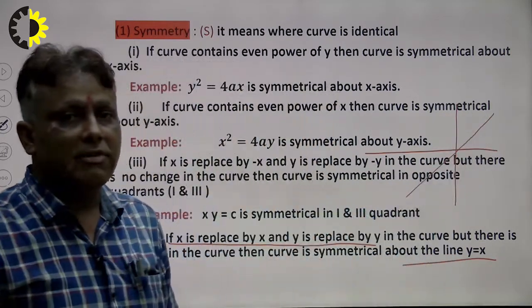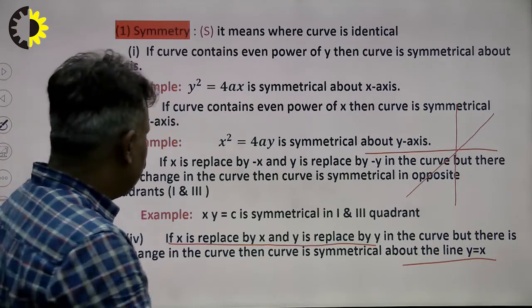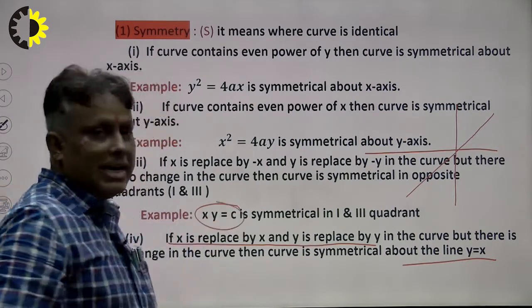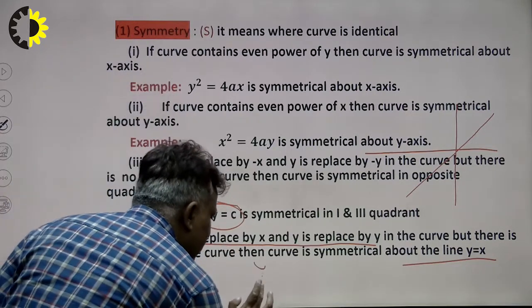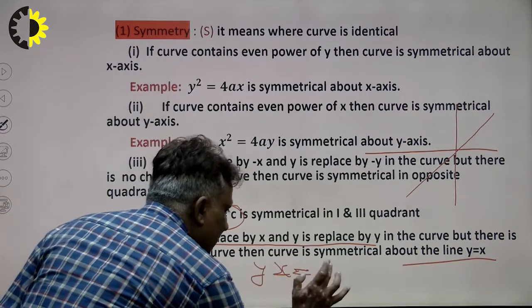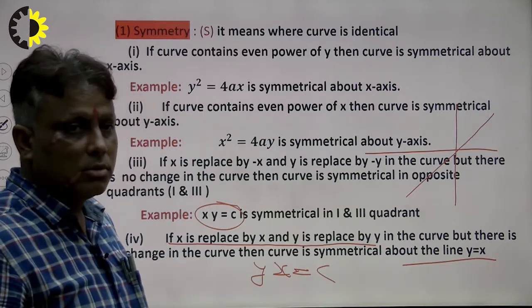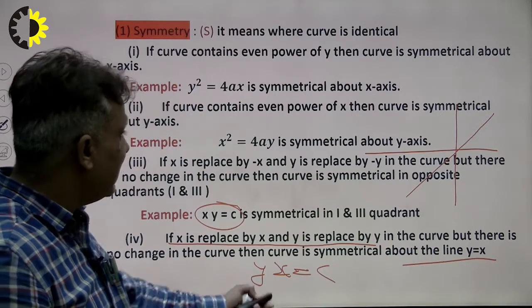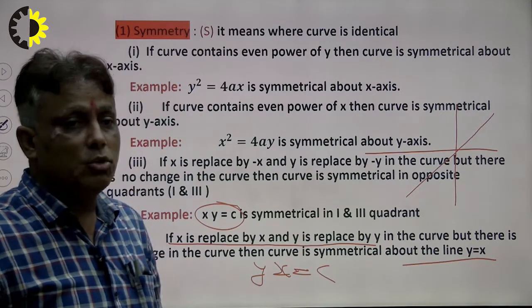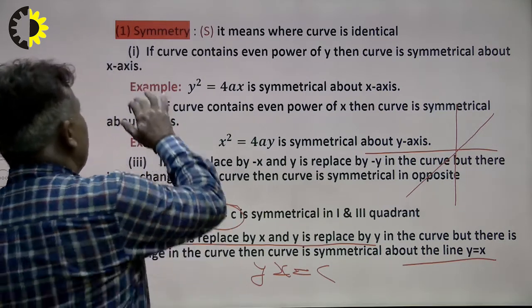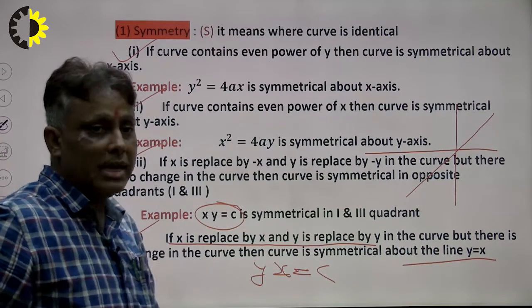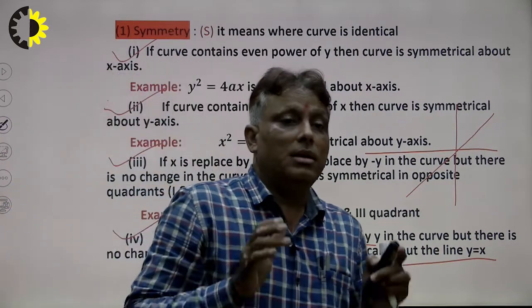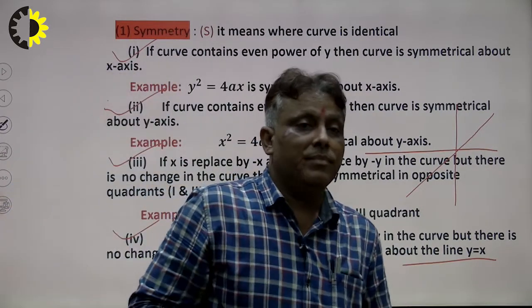Suppose I take this example, in the place of x I write y and in the place of y I write x, so this will be yx is equal to c. That means there is no change in the curve, so the curve is symmetrical about the line y is equal to x. In this way we find four symmetries, first, second, third and fourth, right? Students listen very carefully.